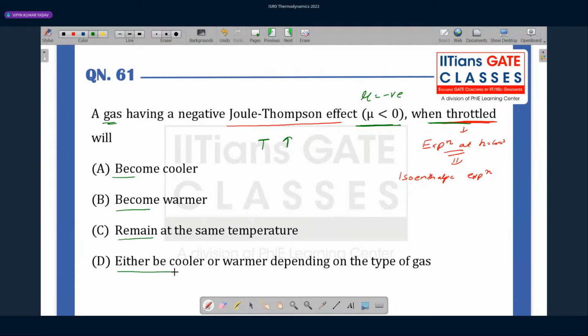Can you tell me what is the right answer? It will become warmer because temperature is increasing. It will become cooler when mu is positive. It will be at the same temperature when mu is equal to 0. Okay, I hope it is clear.